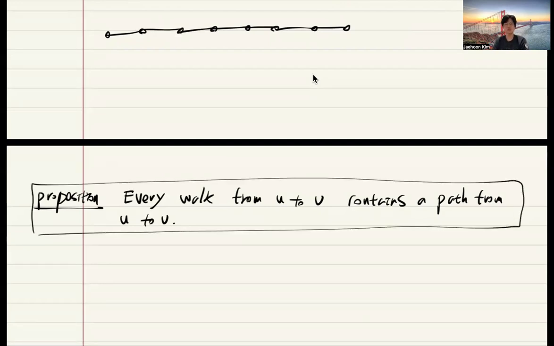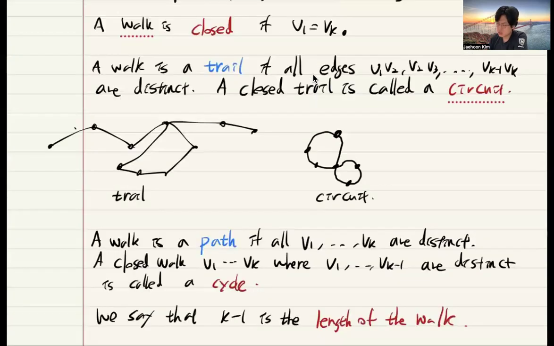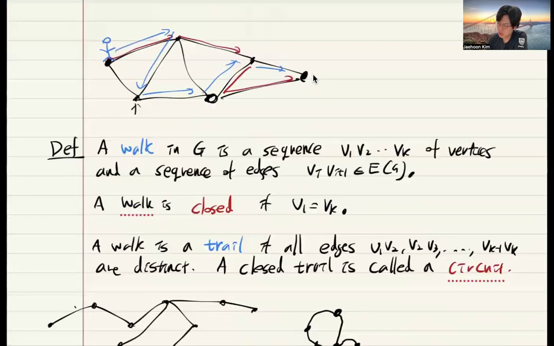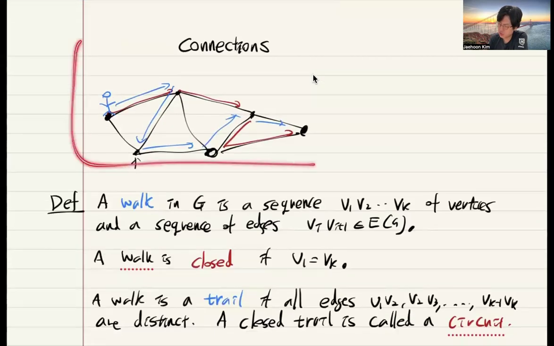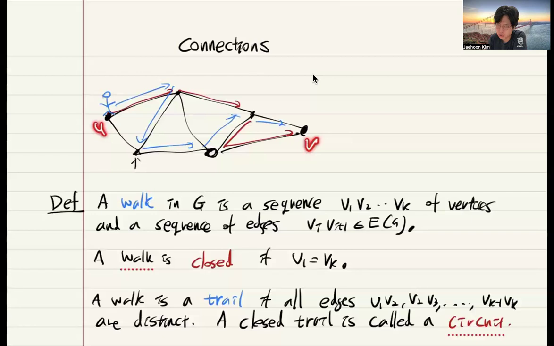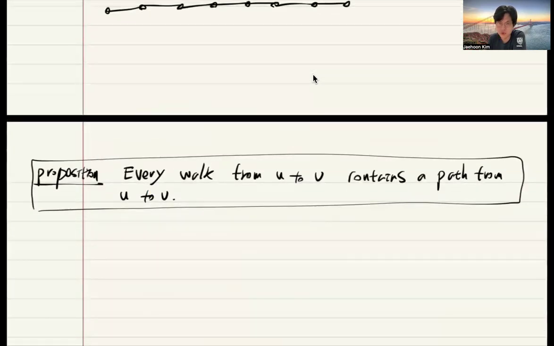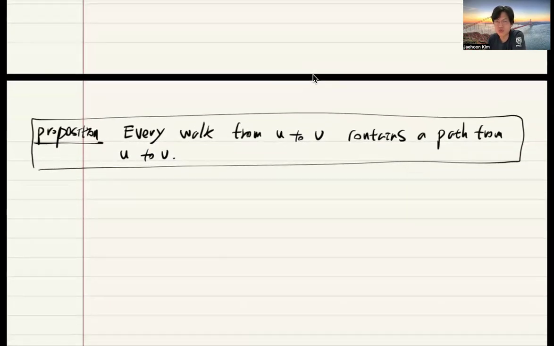And if we know this proposition, then what do we get? As I mentioned, we want to deal with this kind of connectivity problem. From U to V, the important property is whether we can start from U and then end at V. So the existence of a walk from U to V is what we are interested in.